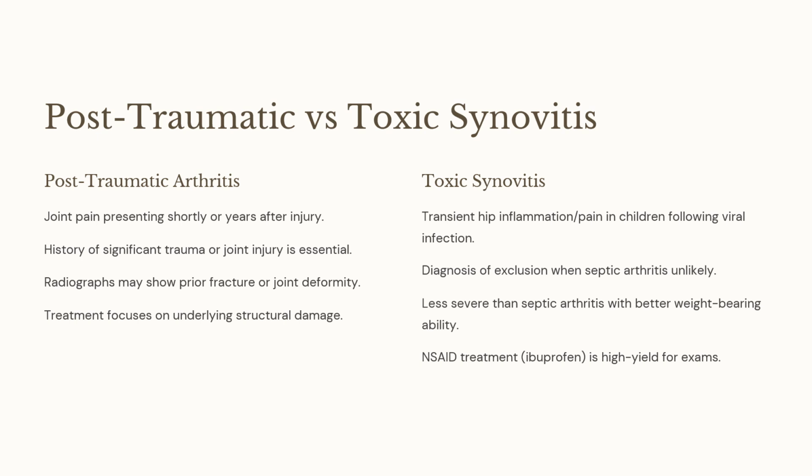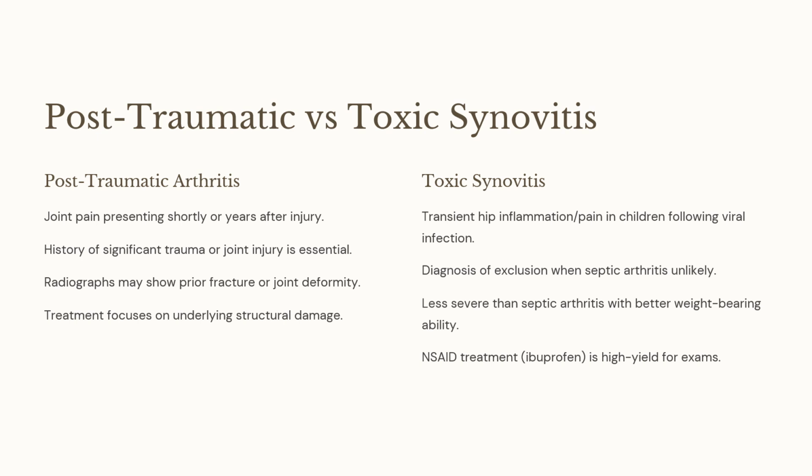The other two conditions are post-traumatic arthritis and toxic synovitis. What about them? Post-traumatic arthritis is nothing but arthritis following a trauma. It can present either immediately or shortly after a trauma or years after the trauma. There can be joint pain. To diagnose post-traumatic arthritis, a trauma or a joint injury is essential.